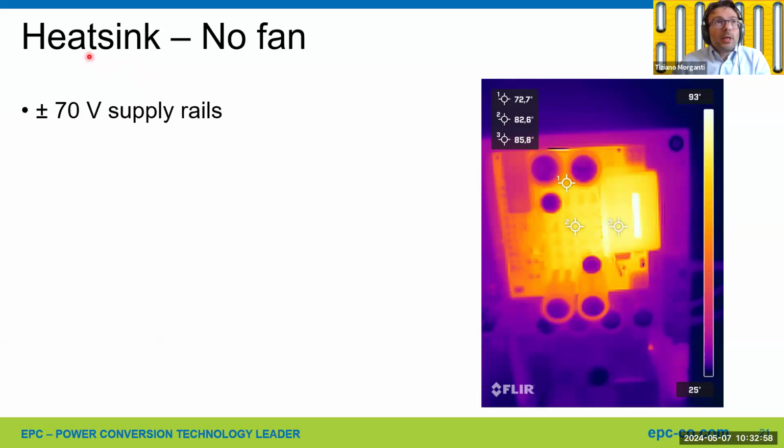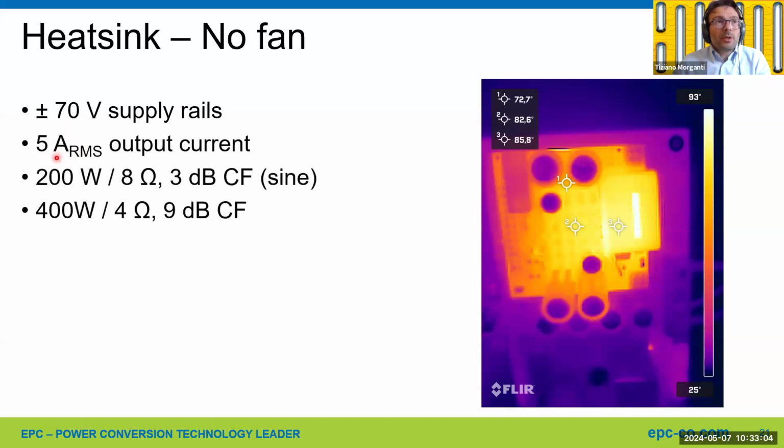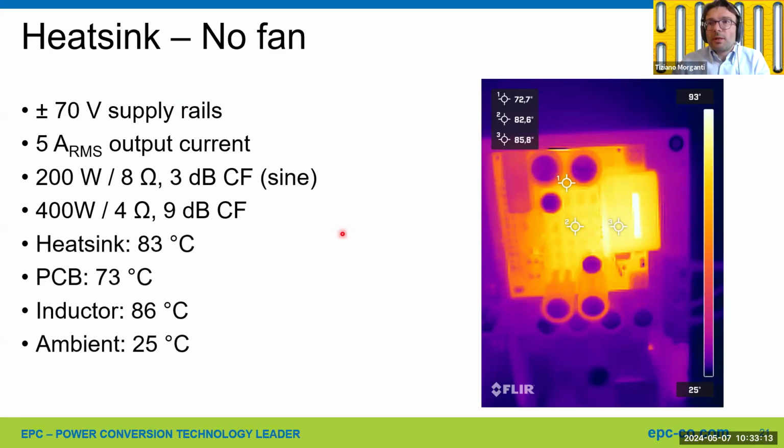Another condition with the heatsink and no ventilation at plus minus 70 volt supply rails. Same condition as before, 200 watts on 8 ohm sine wave, or 400 watts on 4 ohm, 9 dB crest factor. You can see here without ventilation, basically the full assembly is getting hot.